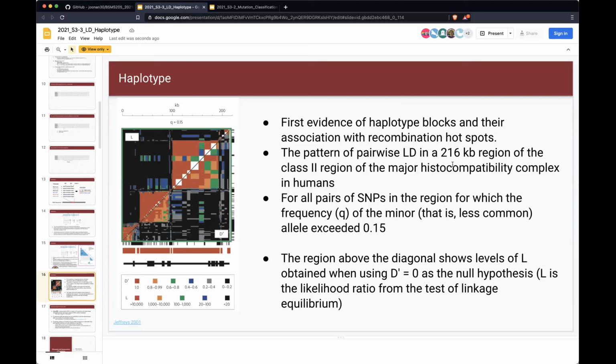And they also used D prime for the LD coefficient. As I explained in a previous slide, D prime 0 is the totally linkage equilibrium situation, and if D prime is close to 1, then that is the LD situation.